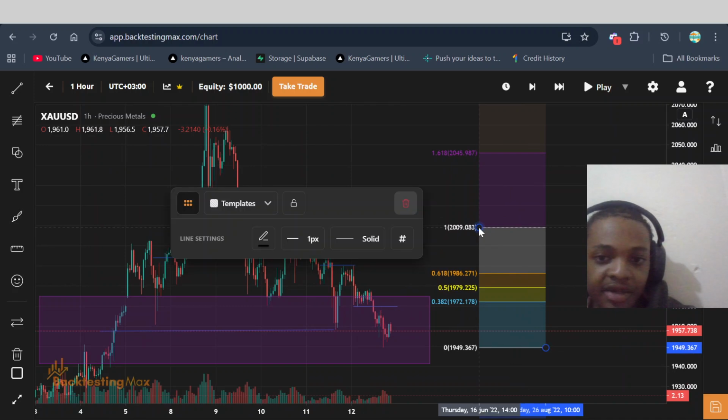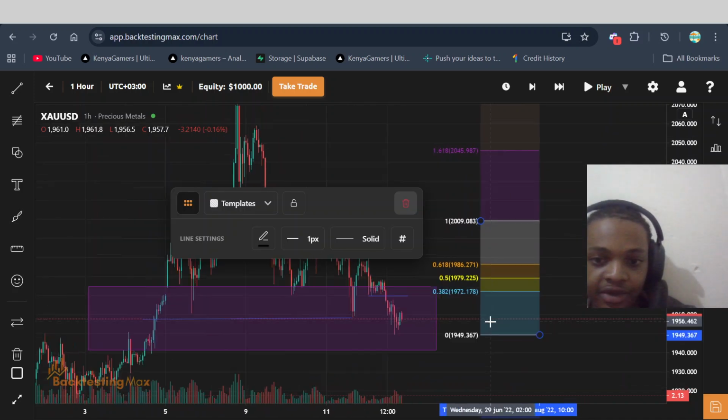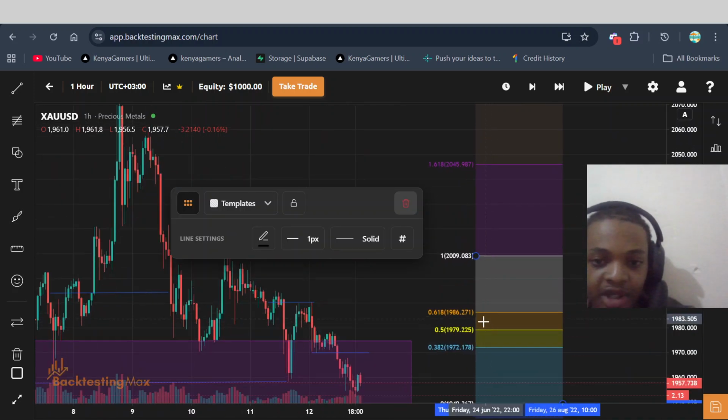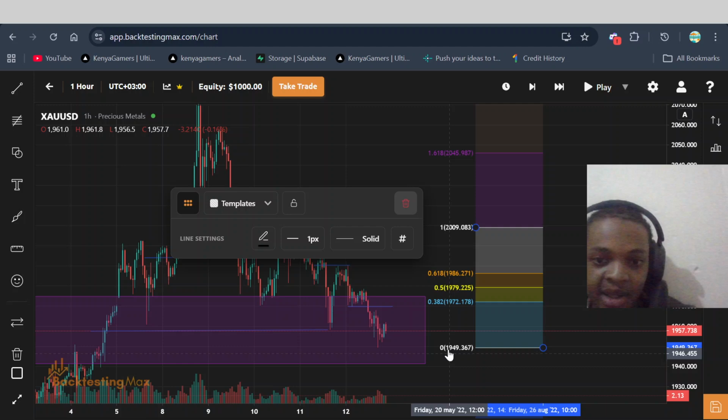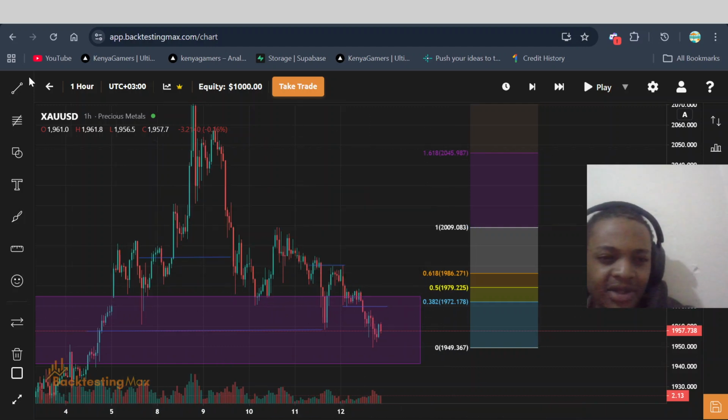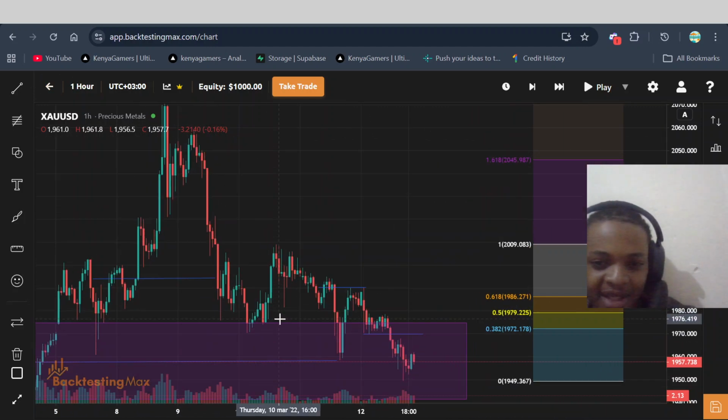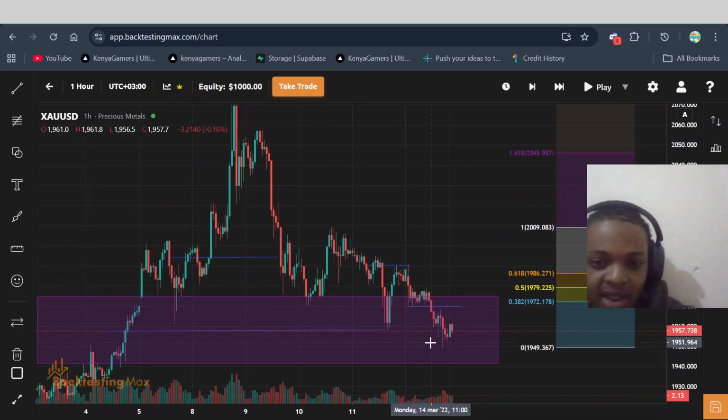So the trend is bearish, so we should only be looking for bearish sells. We need price to come back up to this area before we look for a sell downward. And this is on the 1 hour time frame. Should probably be doing this swing low.